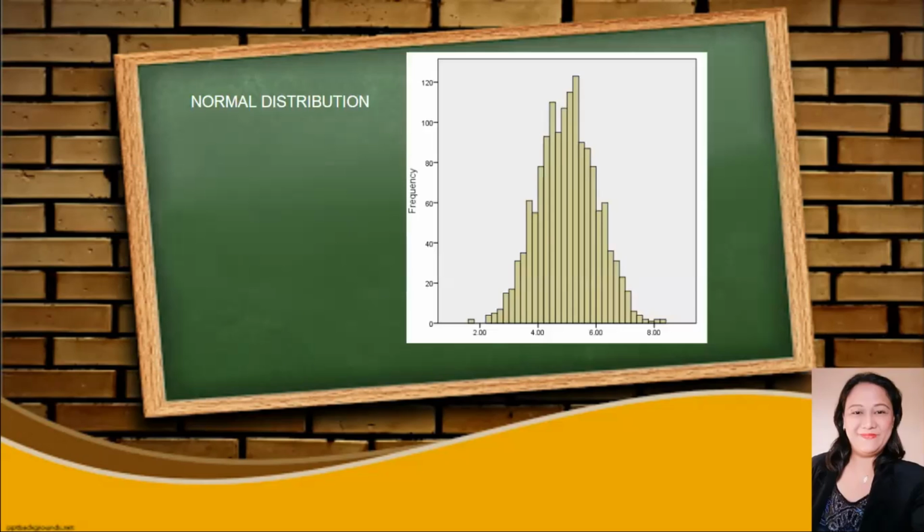Now let's take a look at your normal distribution. Guys, remember what I told you earlier about the normal distribution? Imagine this graph. We fold it in the middle. Both the left side of the graph and the right side of the graph will show you just about the same size of curve.